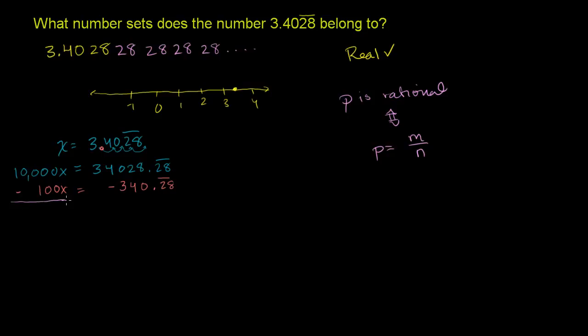On the left-hand side of this equation, 10,000x minus 100x is going to be 9,900x. And on the right-hand side, the decimal part will cancel out. And we just have to figure out what 34,028 minus 340 is. So let's just figure this out. 8 is larger than 0, so we won't have to do any regrouping there. 2 is less than 4.